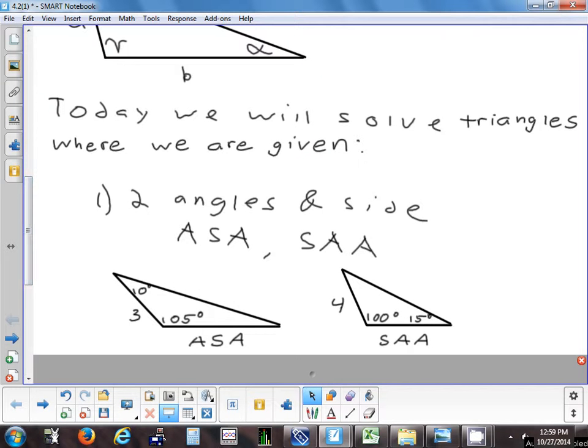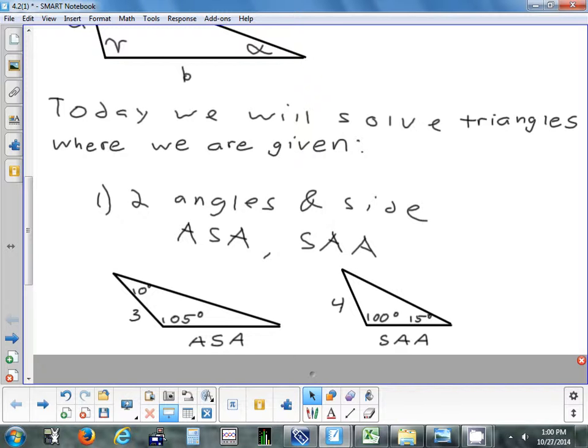And the one on the right, whether you know that side or that side, it would be the same type. If I gave you the bottom side, then it would be the other type, because the side would be the one that's connecting the two angles. Any questions on those two types?